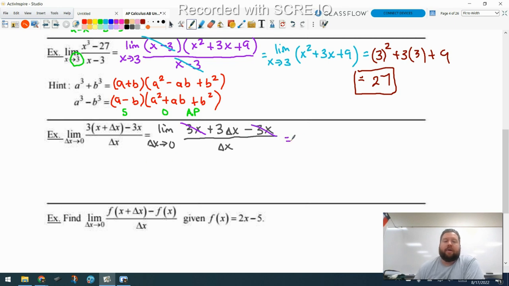And so we have the limit as delta x approaches 0 of 3 delta x divided by delta x. And now your delta x's on the top and bottom can cancel. And so you have the limit as delta x approaches 0 of 3. And remember I told you the limit of a constant is equal to the constant.